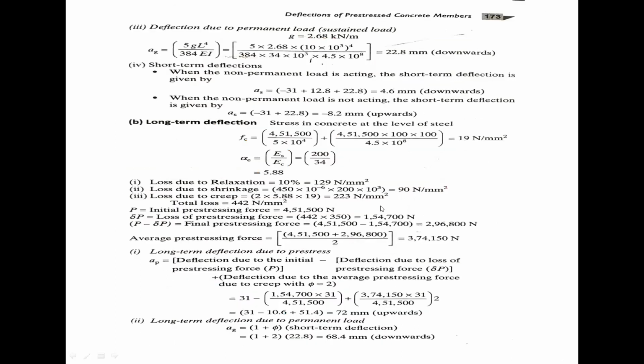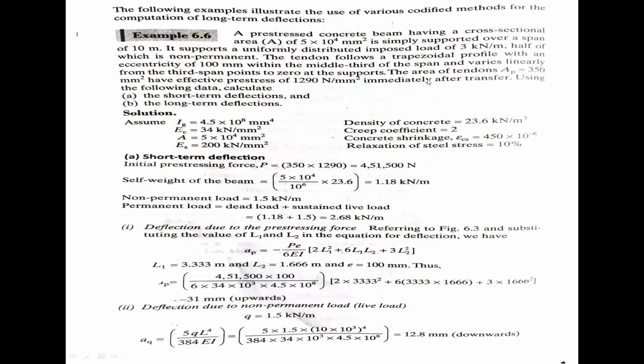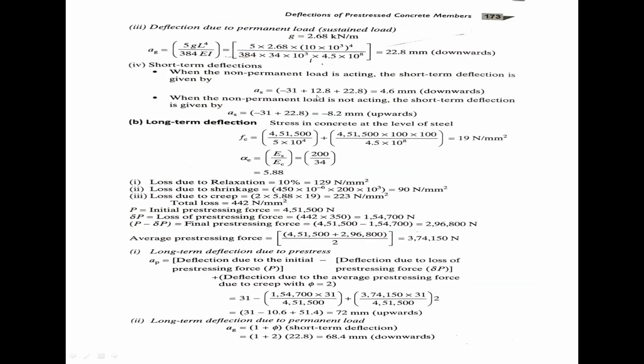How to take the 129 Newton per mm square loss due to relaxation of steel, 10 percent? How did we get the value 129? 10 percent means 10 by 100, that means 0.1, into the effective prestress given in the problem, 1290 Newton per mm square. 10 percent into 1290, we get the value 129 Newton per mm square.